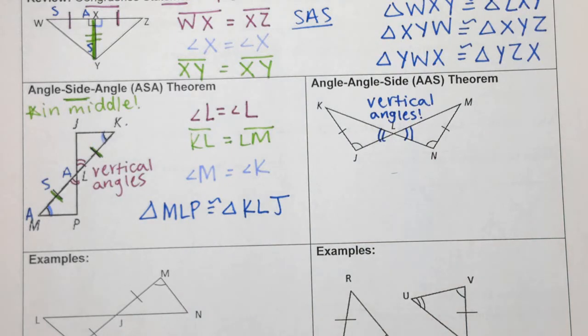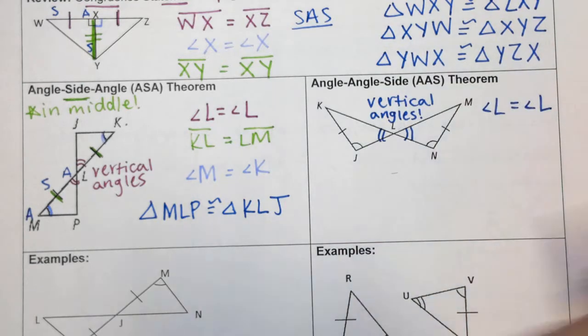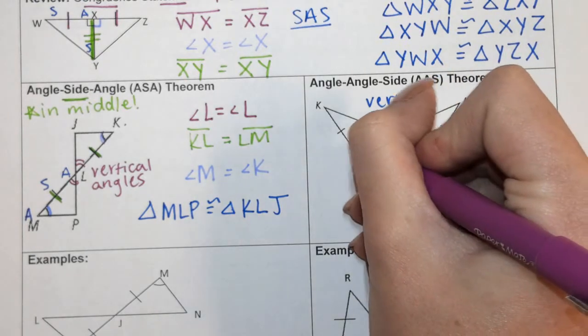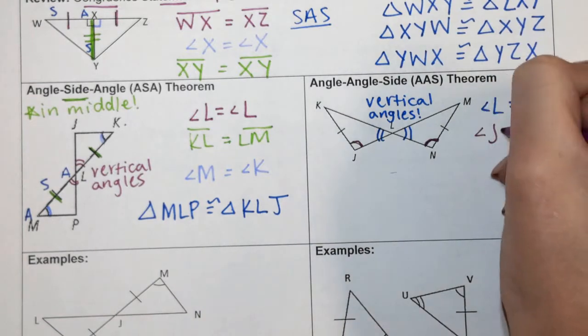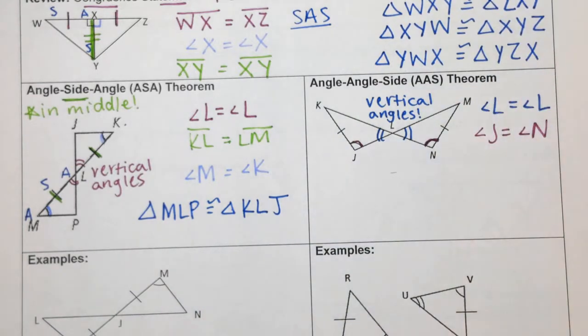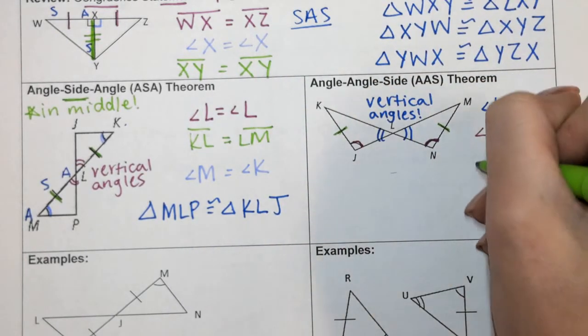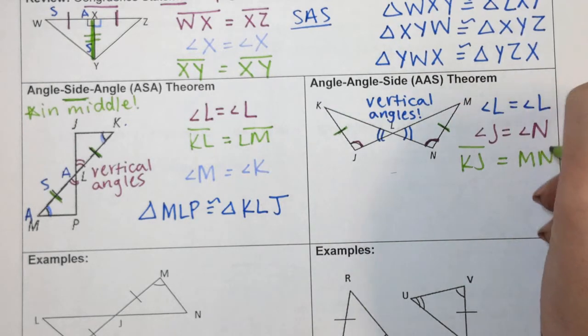So those vertical angles show me that angle L is equal to angle L. Next, I see I've got an angle marked here, J and N, so J is equal to N. And then last but not least, I have one set of sides that have a dash mark on it, so KJ is equal to MN.